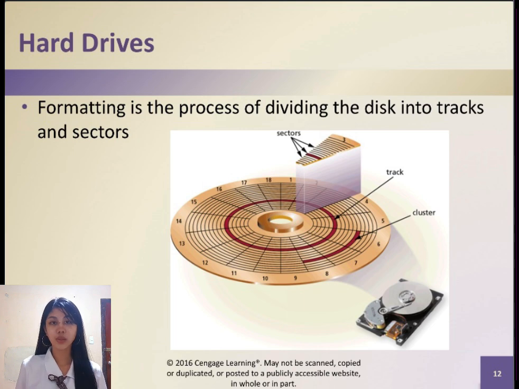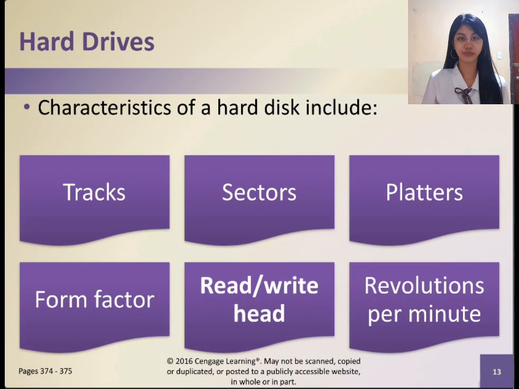Sectors are the small divisions within tracks that store fixed amounts of data, while clusters are the groups of sectors used by the operating system for data management. Characteristics of a hard disk include tracks, sectors, platters, form factor, read or write head, and revolutions per minute.